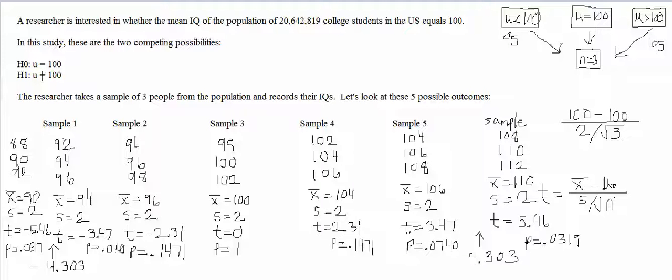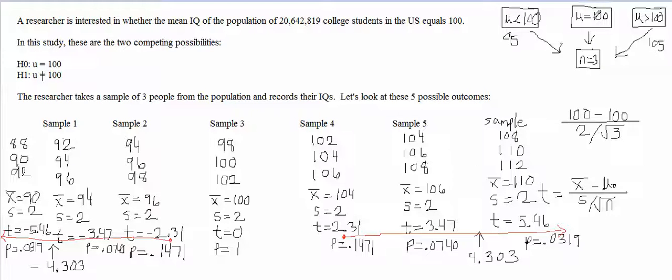If the null is true, we have a 0.1471 chance of getting somewhere in this red area, starting at that t-score that has that p-value, and also beyond the opposite of the t-score, which has that same p-value.